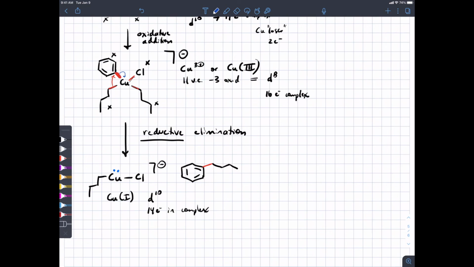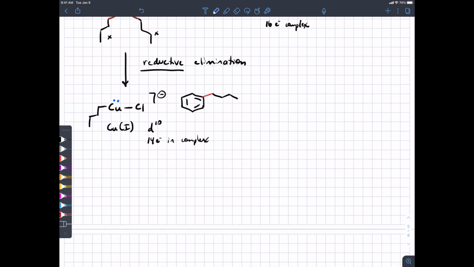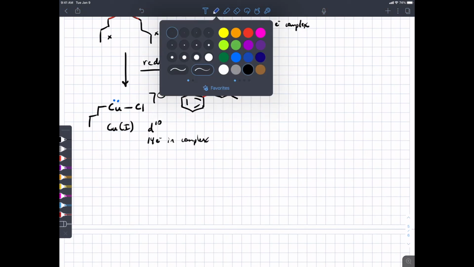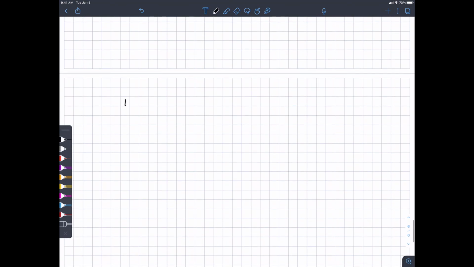Okay. So now we're prepared to talk about a number of interesting new reactions. You've seen oxidative addition and reductive elimination. Let me give you another quick example of that. We're going to start with a palladium complex, palladium tetrakis triphenylphosphine.